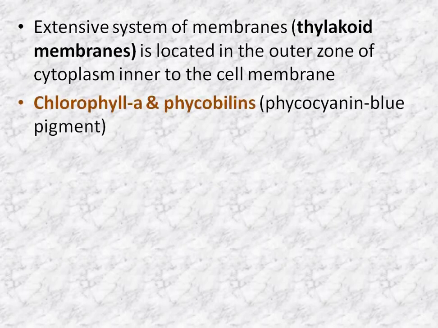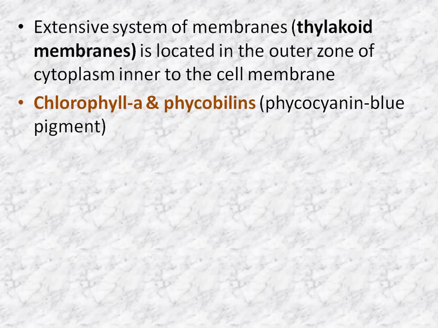And they also have chlorophyll A that is present in all the eukaryotic photosynthetic organisms. The chlorophyll of bacteria is different. That's why the bacterial chlorophyll is called bacterial chlorophyll, and the eukaryotic chlorophyll is different from the bacterial chlorophyll.